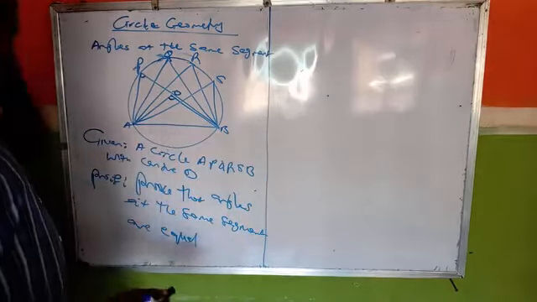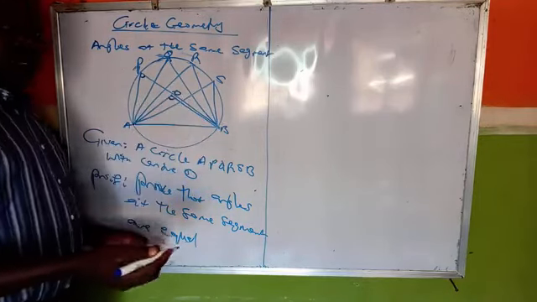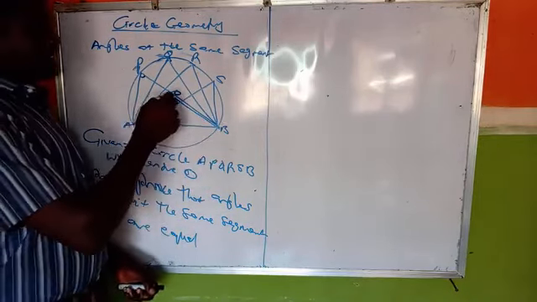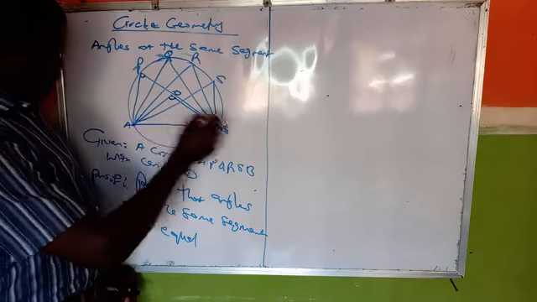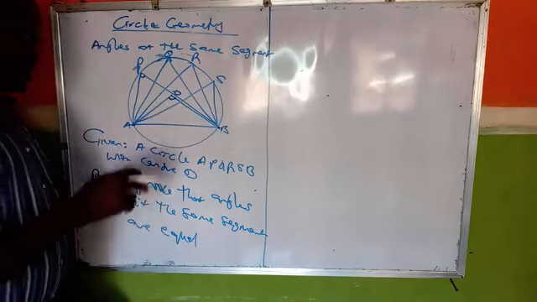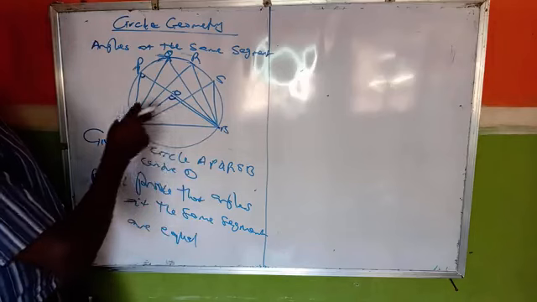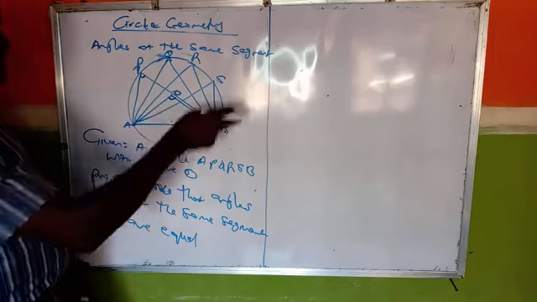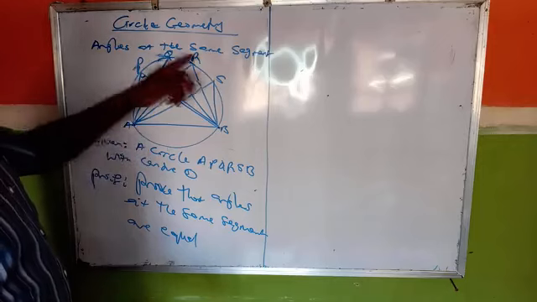So I can tell you now that the previous one that we talked about, the angle at the center, that is the angle the arc of a circle subtends. This is the arc of a circle. This angle that is subtended is 2 times any angle that is subtended on any part of the remaining circumference.